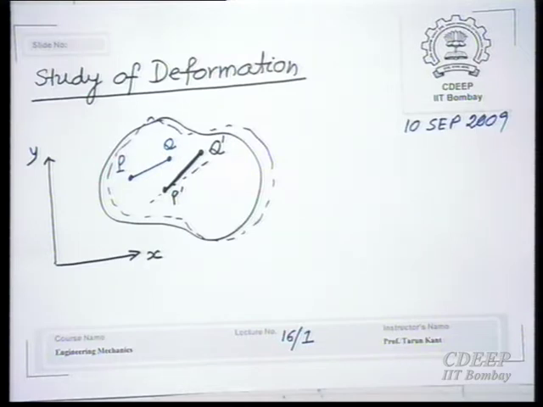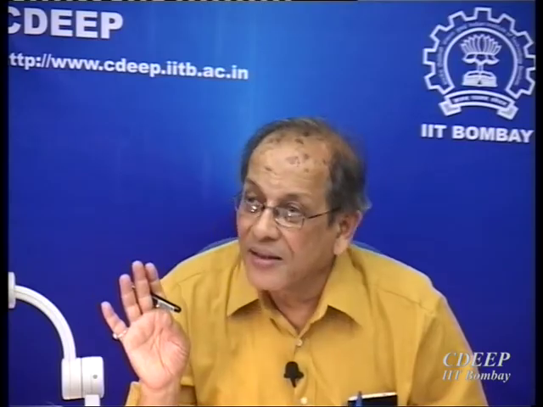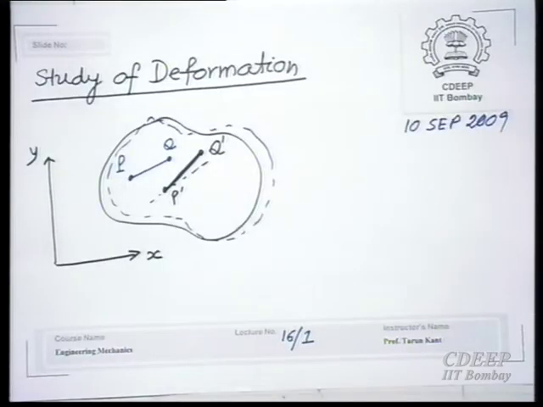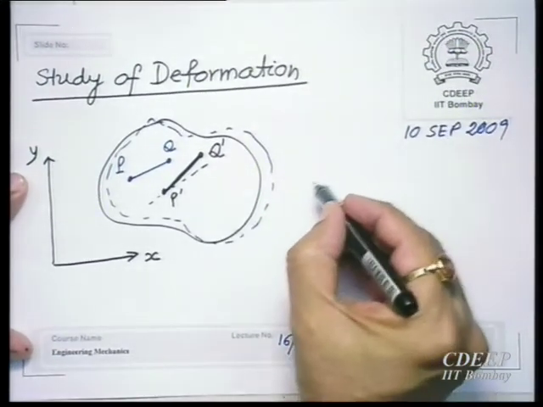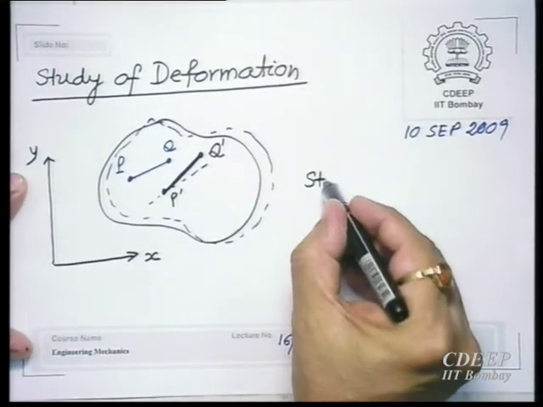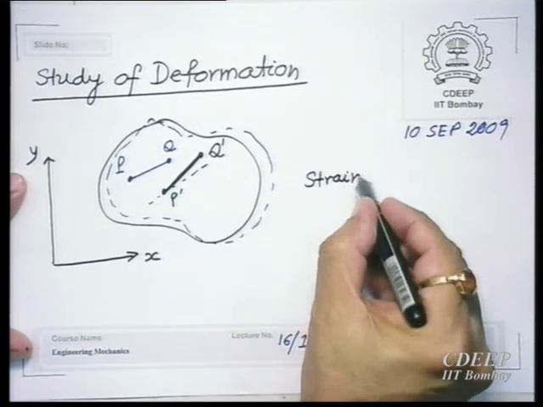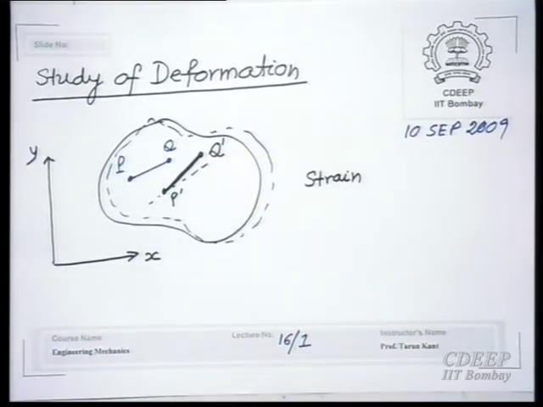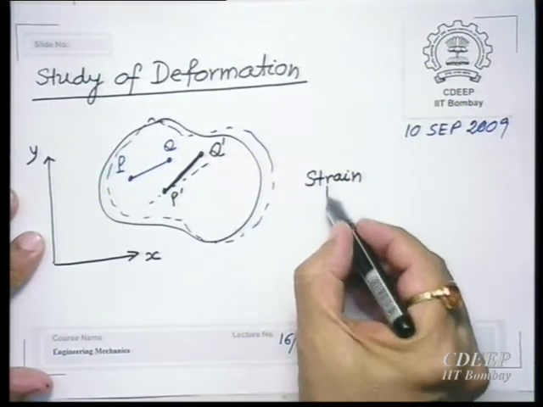All deflections are small. All deformations are small. It is not a rubber body. So here displacements are all small. Therefore, this angular rotation of PQ will be very, very small. So we define a quantity which is a measure of deformation, and that quantity is called strain.